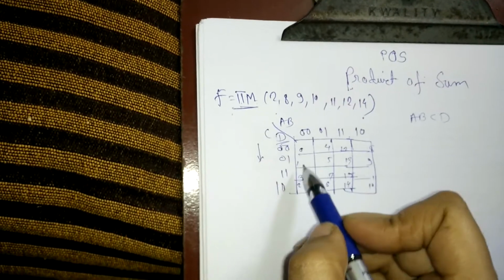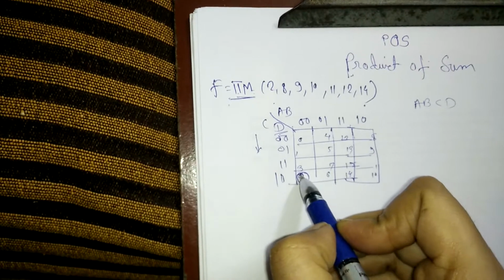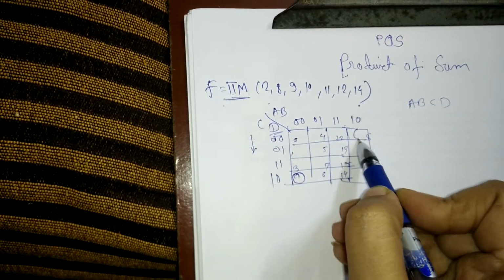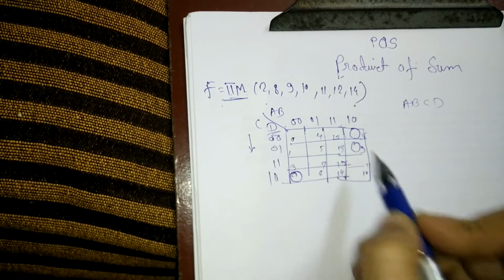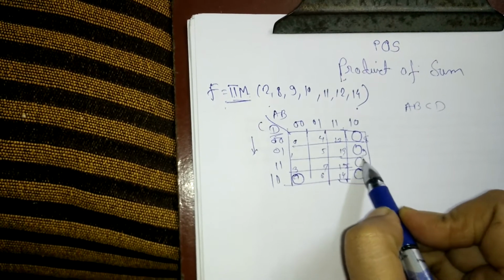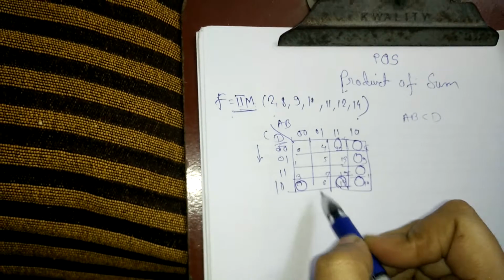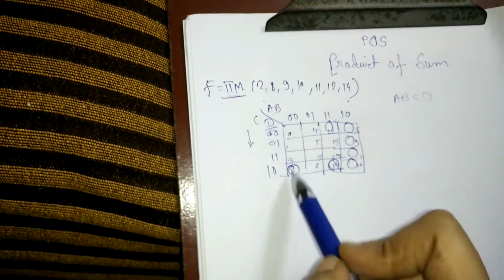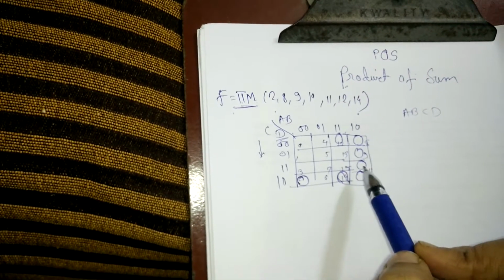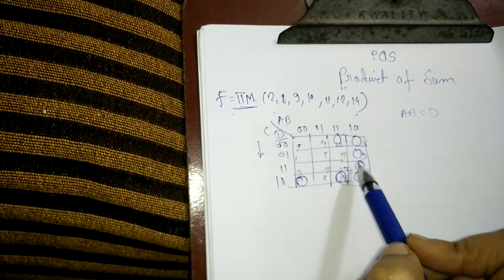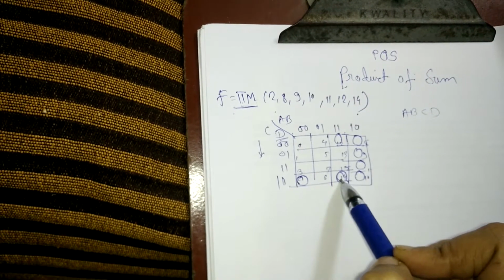Whatever the max terms are present, they will be represented by 0 instead of 1. If you remember, the min terms are represented by 1, whereas the max terms are represented by 0. So these are the max terms that are present, that is 2, 8, 9, 10, 11, 12 and 14.